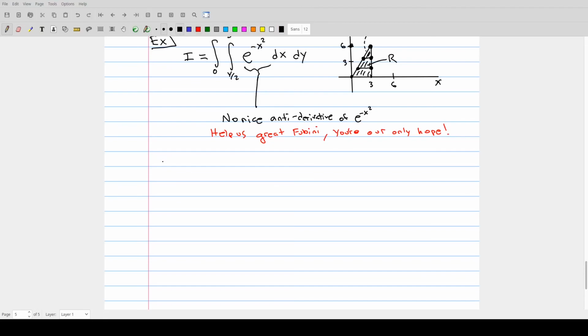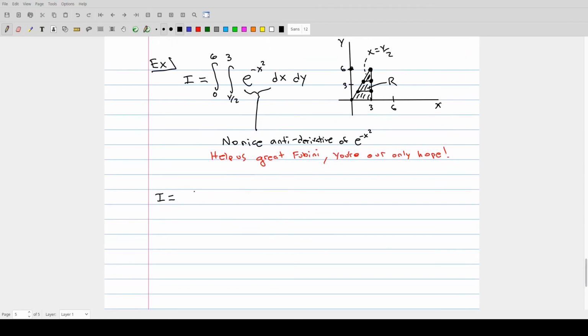So let's go through here and see if we can get this integral by switching the bounds of integration, the order of integration. The function that we're integrating stays the same when we switch the order of integration.